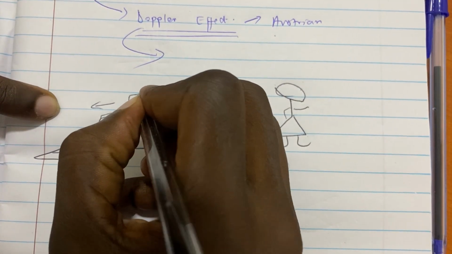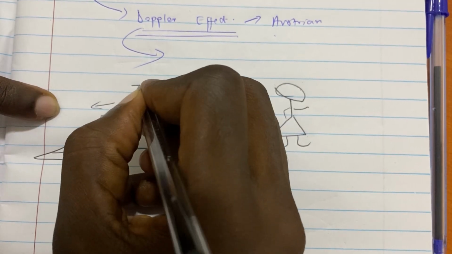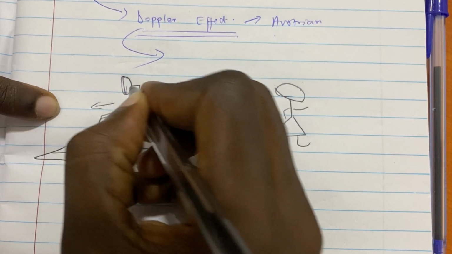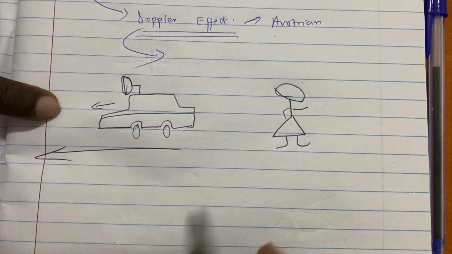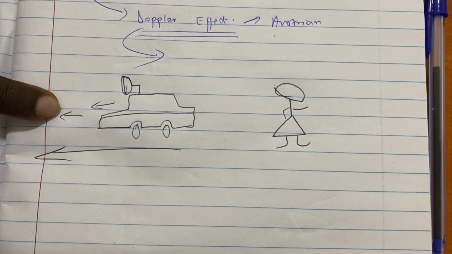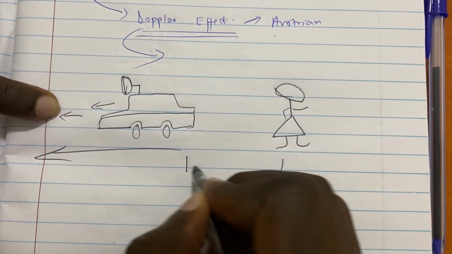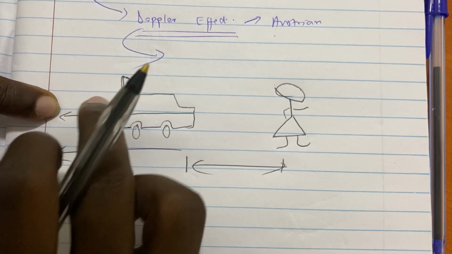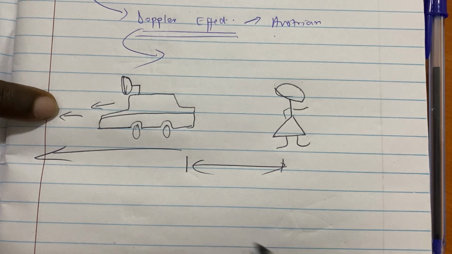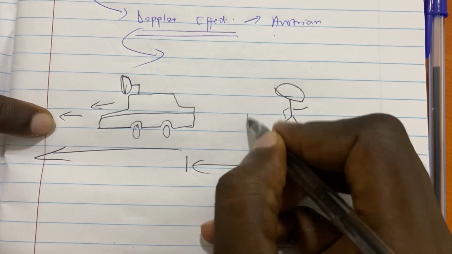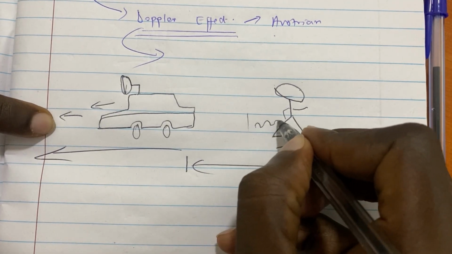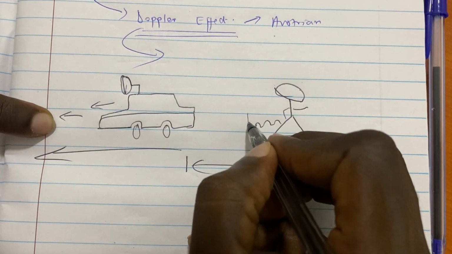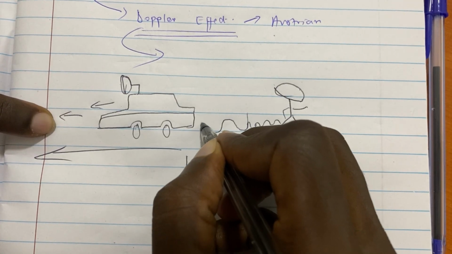It has a siren which produces sound. If this car is going away from you, the distance between the car and you will keep increasing. At first, when it is closer to you at this point, waves will be like that. As the distance between you and it keeps on increasing, something like this happens.